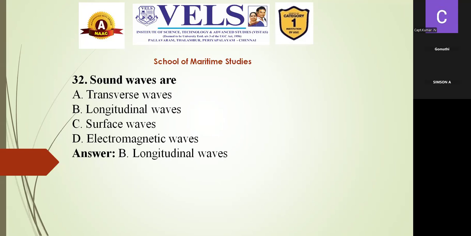The maximum displacement of the particle in the positive side is called crest. The maximum displacement of the particle in the negative side is called trough. Transverse waves consist of crest and trough, and longitudinal waves have compression and rarefaction.